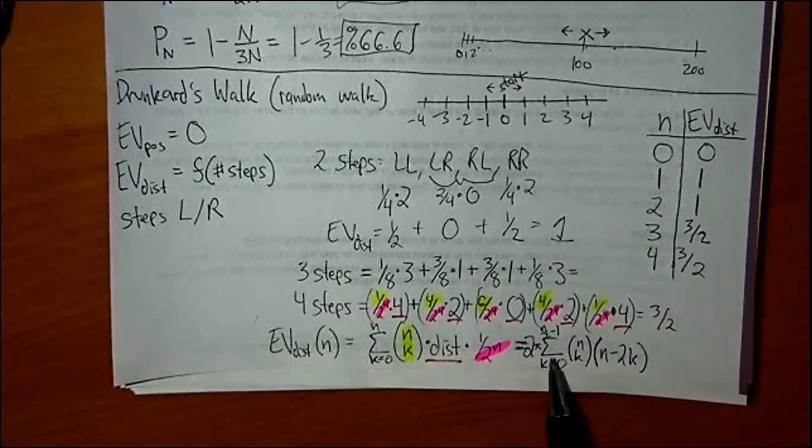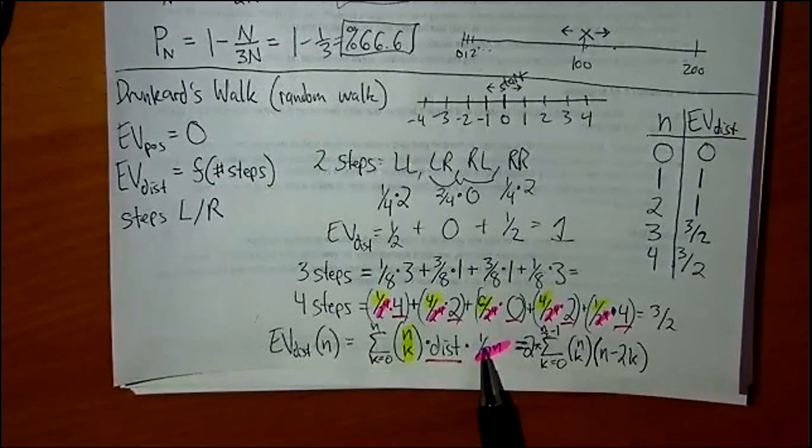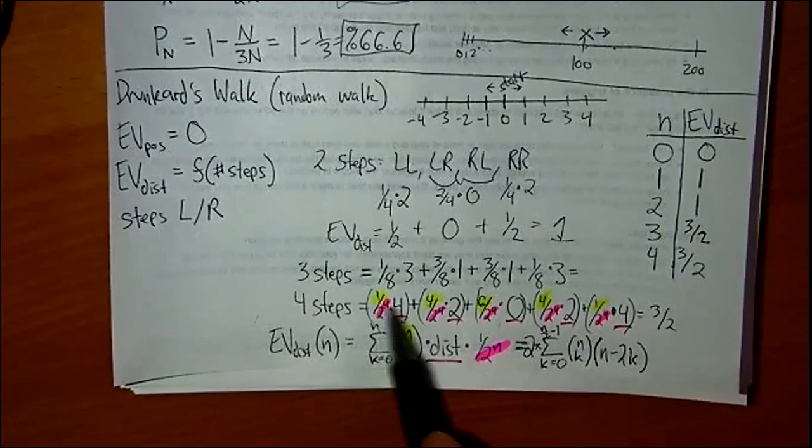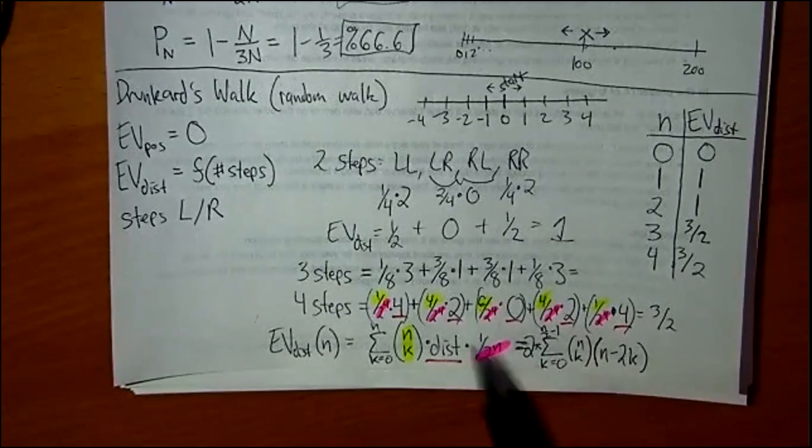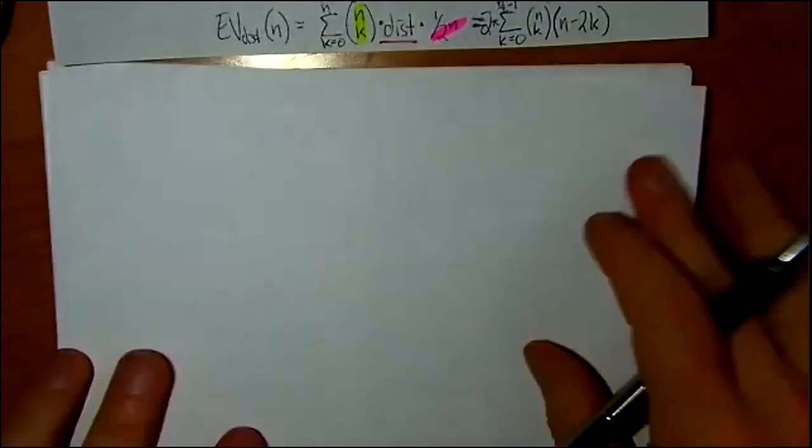But now we have this big old mess. Oh, and by the way, this is all multiplied by 1 over 2 to the n, which I should probably pop out to the front here because I'm multiplying that by a constant amount inside of each term. So I could just pop that out to the front, 1 over 2 to the n. I've kind of run out of room here, so let me rewrite.